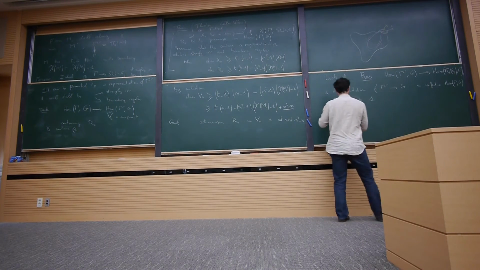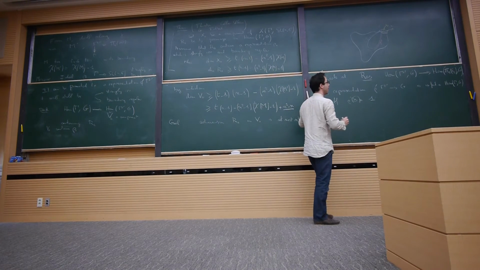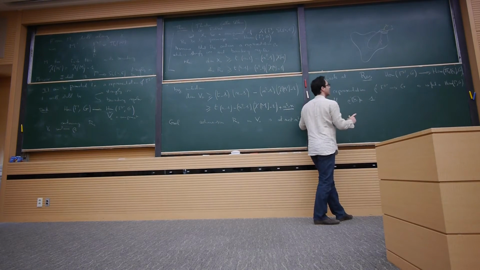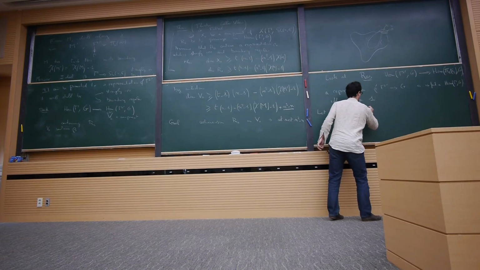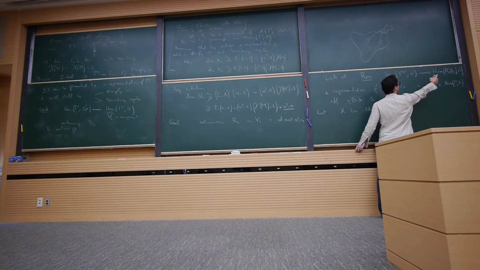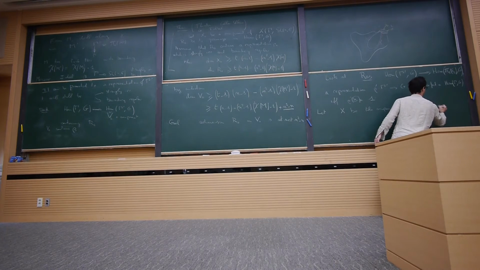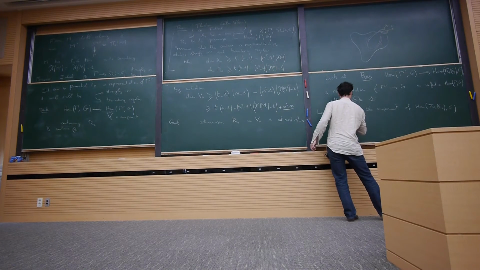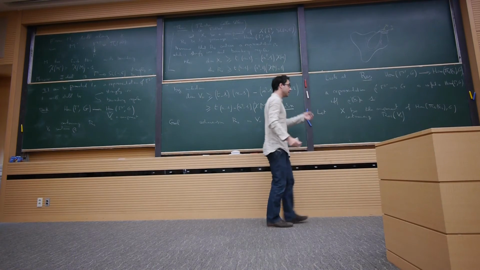So I let X be the component here containing the image of V0.